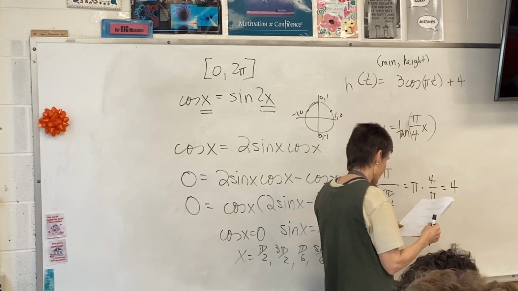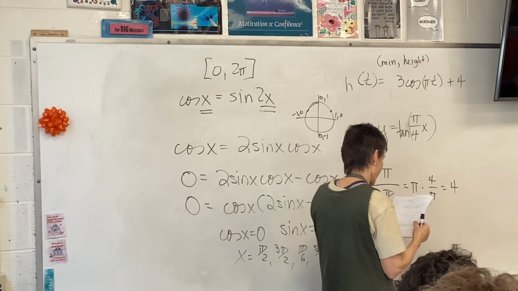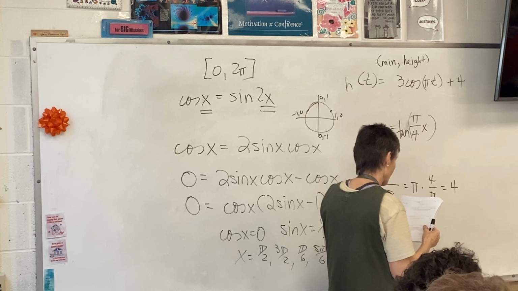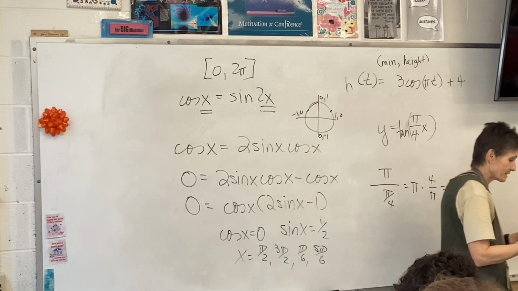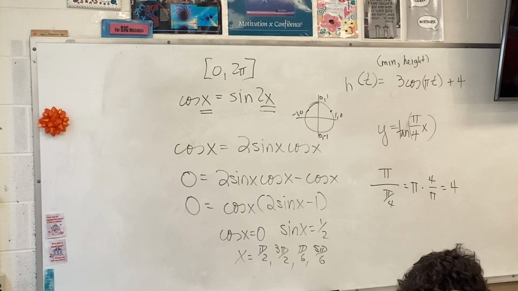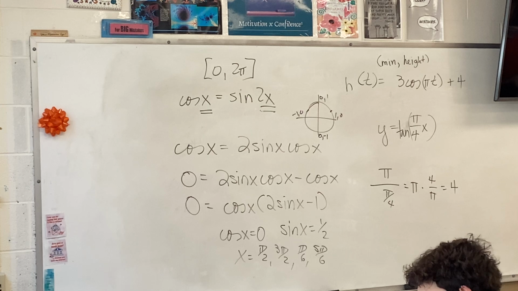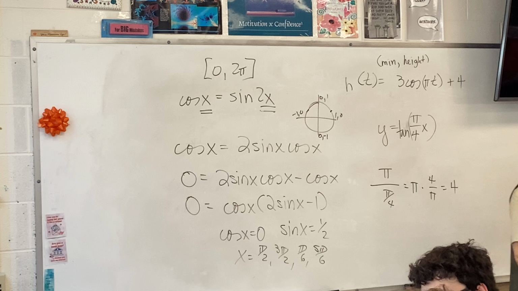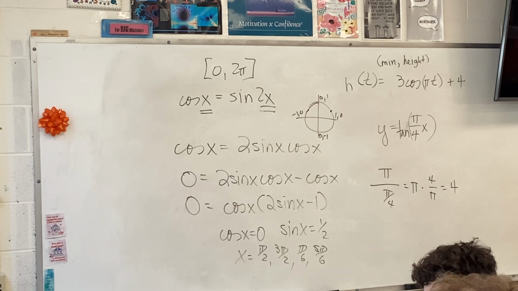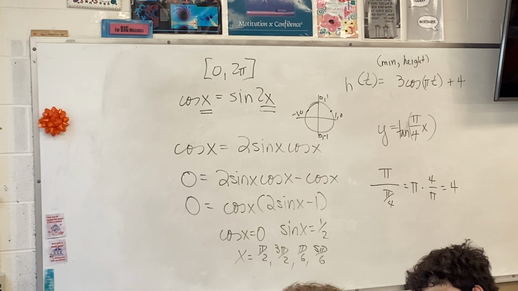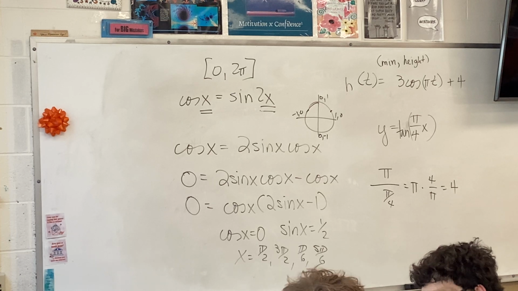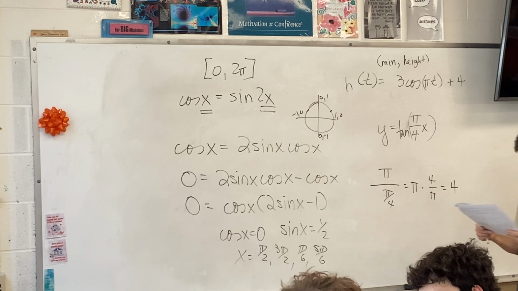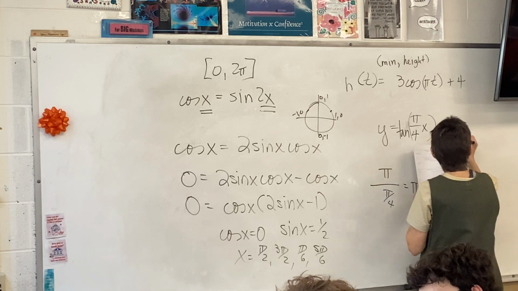Alright, let's try this. What is the first vertical asymptote to the right of the origin for tan x? So your regular tangent function, what is the first vertical asymptote to the right of the origin? Pi over 2. Exactly. All right, how about this?